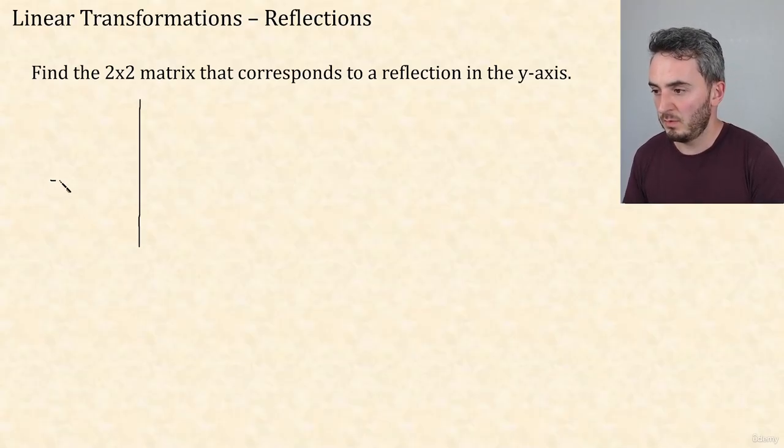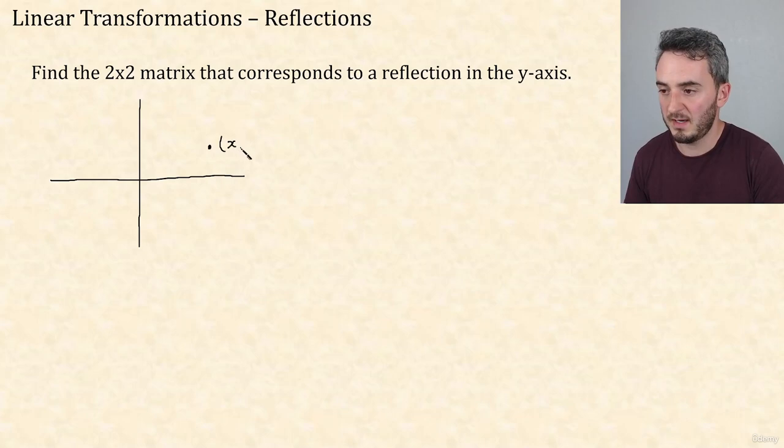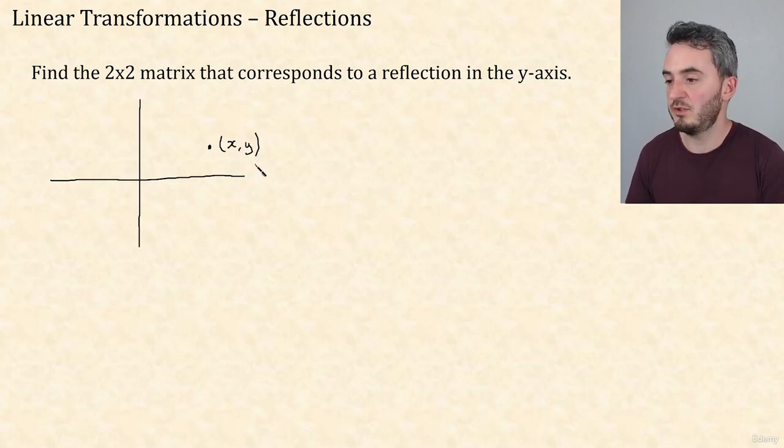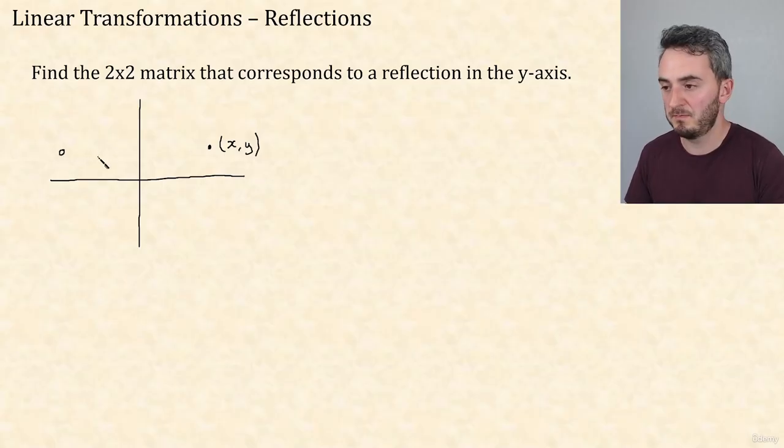So what I'd like you to do is just imagine that you have a point here, and let's say its coordinates are x, y. Now we want to work out which matrix will send it over here to this point, which we don't need to label, but we'll do in a moment.